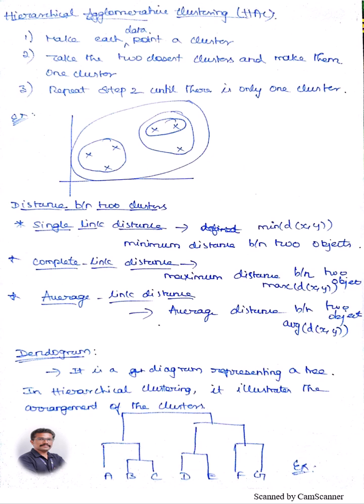Here we consider data points A, B, C, D, E, F, G. First we merge B and C, since B and C are the closest clusters. Then we merge D and E, then F and G, then A, B, C together, then D, E, F, G together, and finally we merge all data points into a single cluster. These are the steps involved in hierarchical agglomerative clustering.